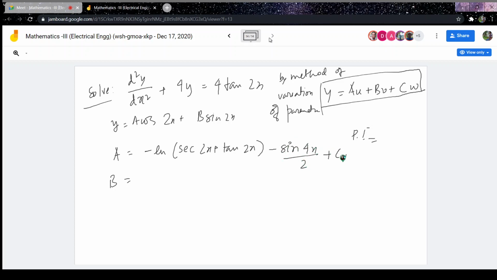And your B is only sin 2x, meaning it is coming as 1. No, B will be a function of x, it can't be 1. C1 minus cos 2x. This is minus cos 2x, right?